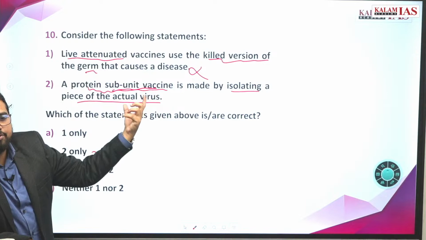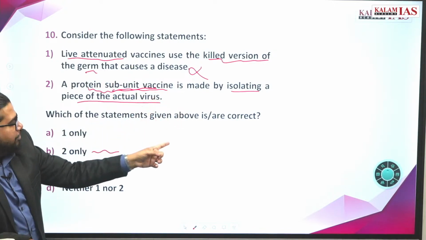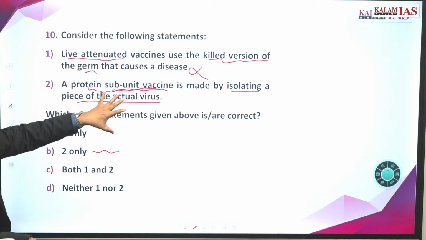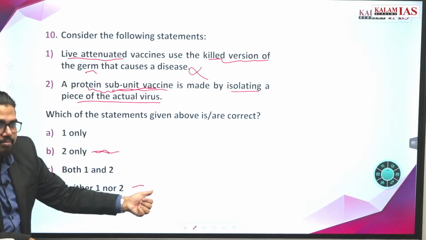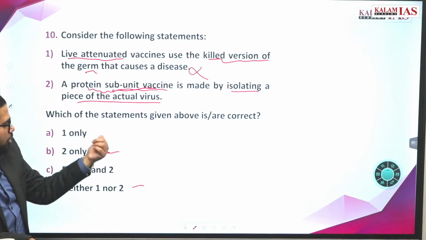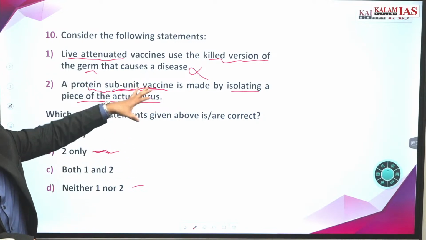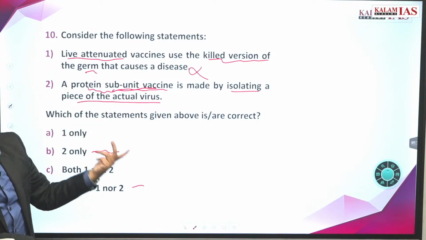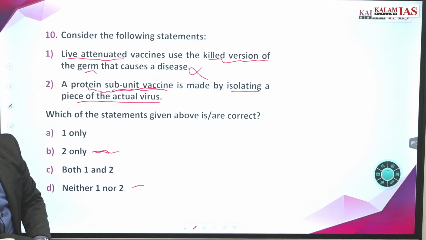For the second statement, even if you don't know, there is a possibility it can be right. So even if you are guessing, at least choose between B or D. At least don't choose A or C. If you have sensibly chosen, you might get the right answer. Sometimes it can backfire also.